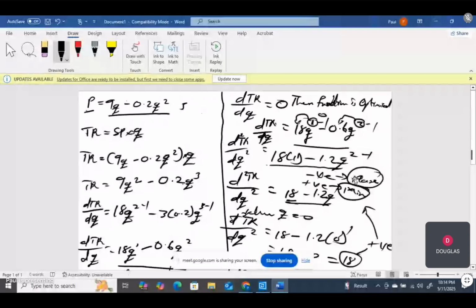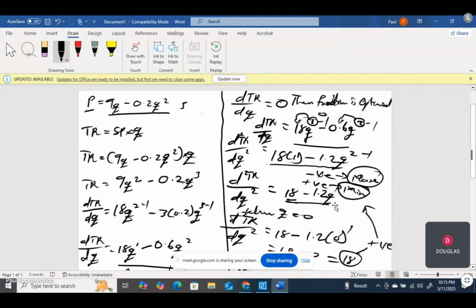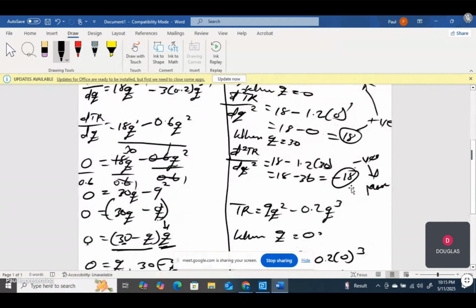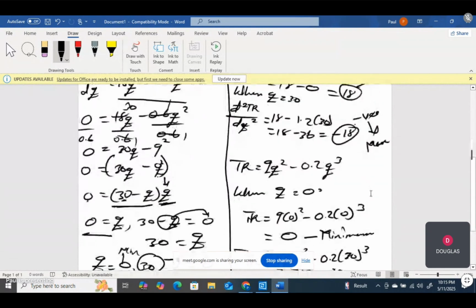But when we get a positive number, it means that output level will give us a minimum revenue. So we used the zero first and we got a positive number of 18. So that's a minimum revenue. Then we used the 30, giving us a negative number of 18. That's a maximum revenue.